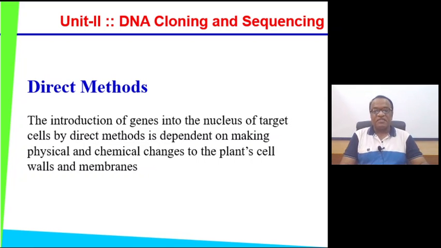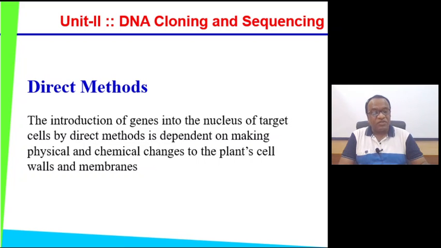So the direct method is available for the transfer of the gene of interest, for the introduction of genes into the nucleus of target cells. When the direct method is adopted, these methods are dependent on making physical and chemical changes to the plant cell wall and the membrane.